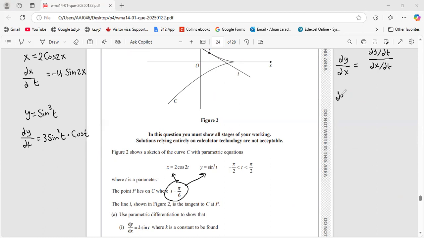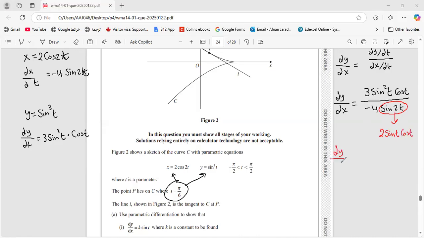So dy over dx here must equal dy over dt, which is 3 sine squared t multiplied by cosine t, over dx over dt, which equals minus 4 sine 2t. Now, sine 2t equals what? Sine 2t, double angle, equals 2 sine t cosine t.